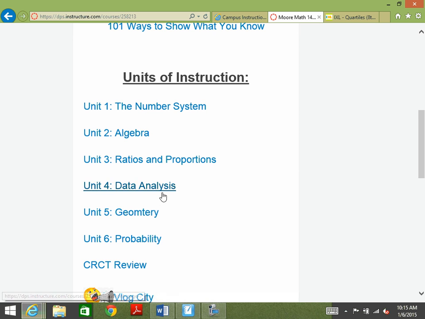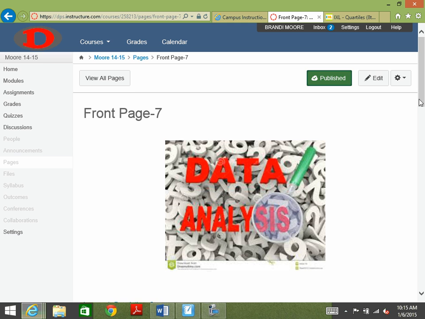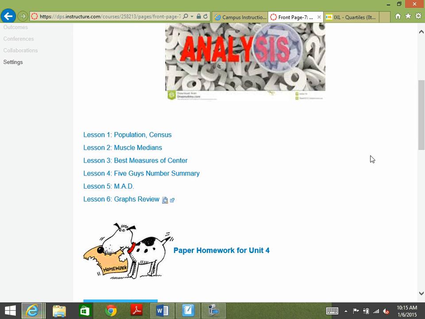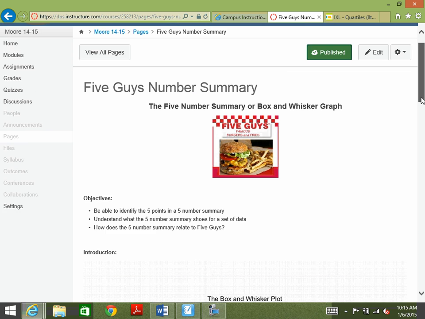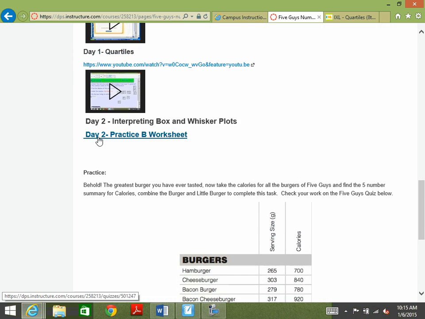Unit 4, Lesson 4. Are we there? Okay, then we're going to go right here to where it says Day 2, Practice B Worksheet. Day 2, Practice B Worksheet. Click on it.